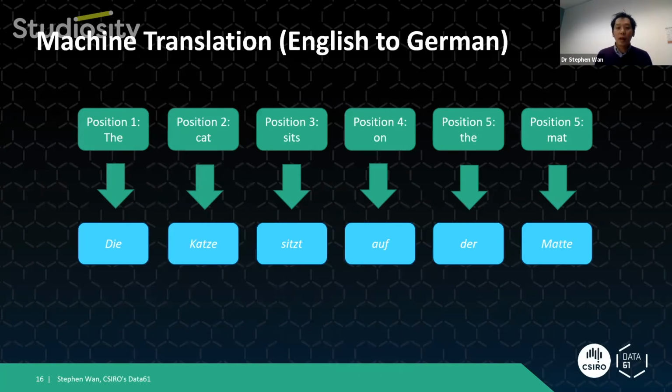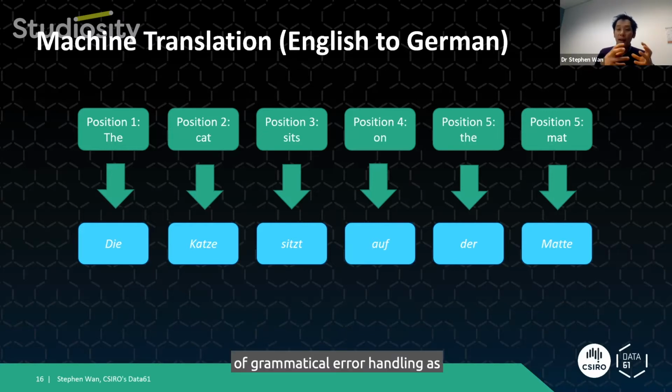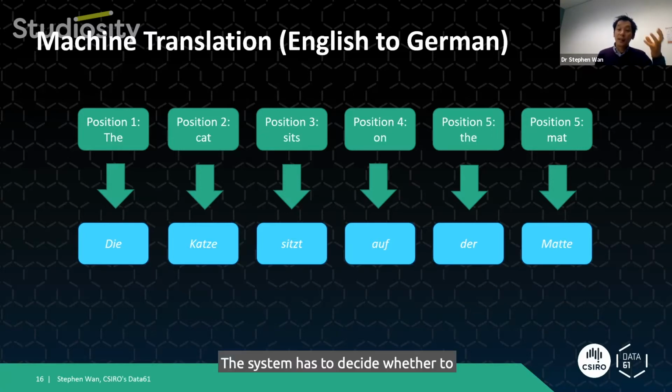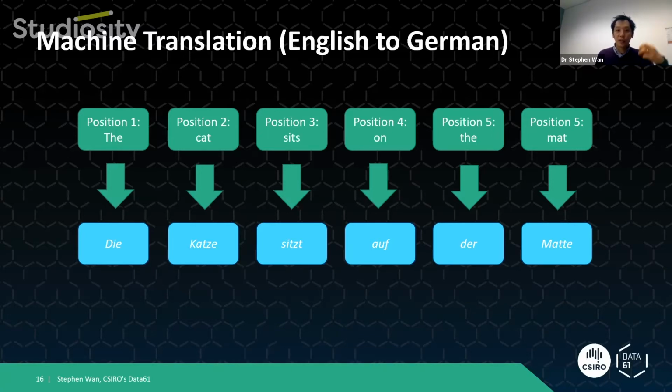Let's take a closer look at why machine translation has been such an influence on grammatical error correction. It's not a bad approach, if you think about it, to think of grammatical error handling as being similar to machine translation. For every word in the system, the system has to decide whether to transform it or not.